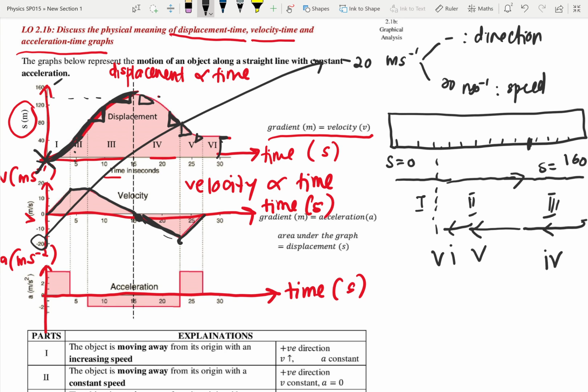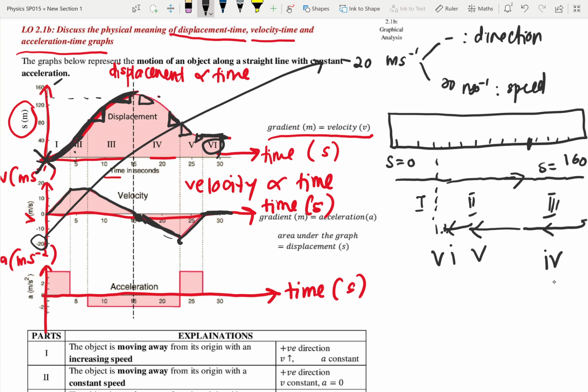from 20 to 0. Negative means the direction is to the left, so it still moves in the opposite direction at part 5. And then at area 6 here, it does not move. It is static at displacement 40 meter.